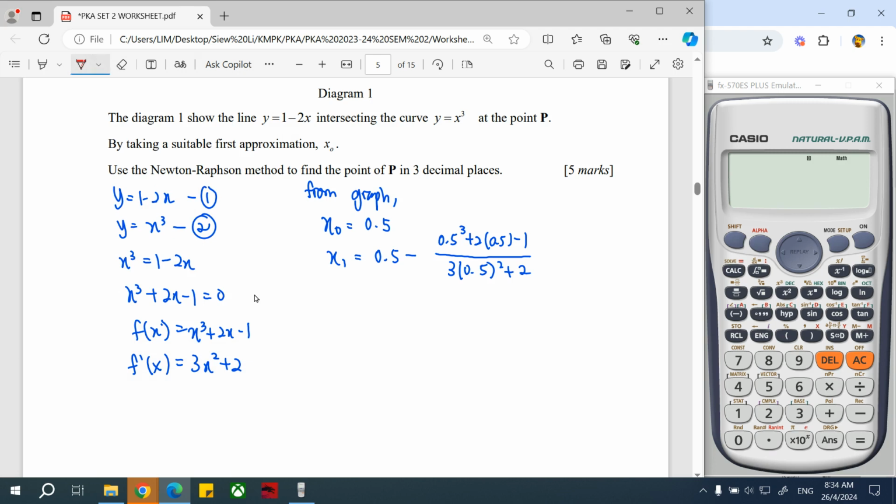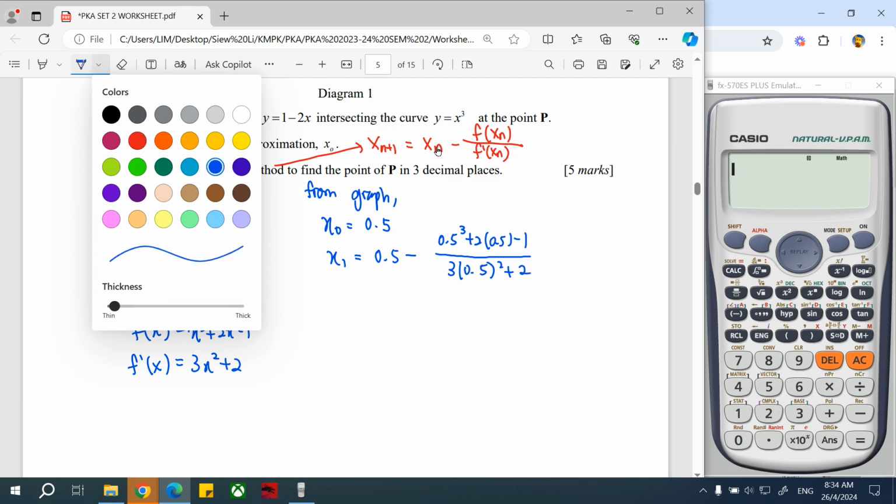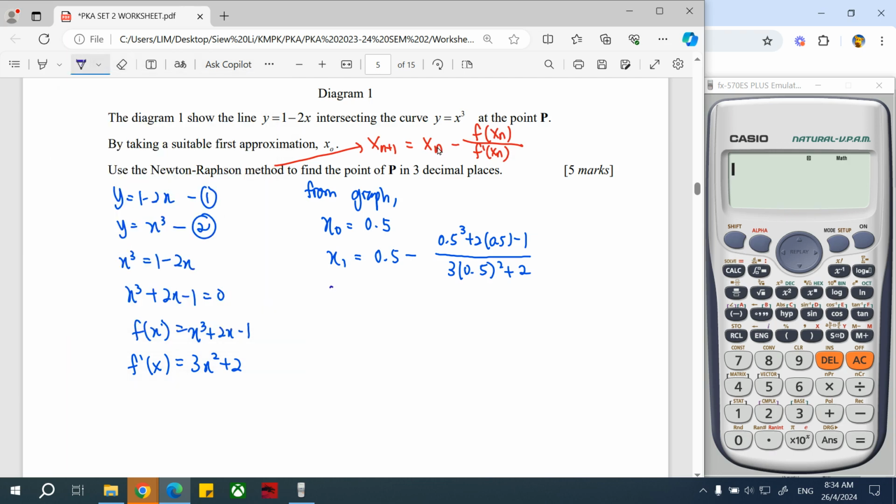So, revising the Newton-Raphson method: x n plus 1 equals x n minus f of x n over the differential function, by substituting your x value. Then we use our calculator to find the second approximation value. Alright, so key in your formula.